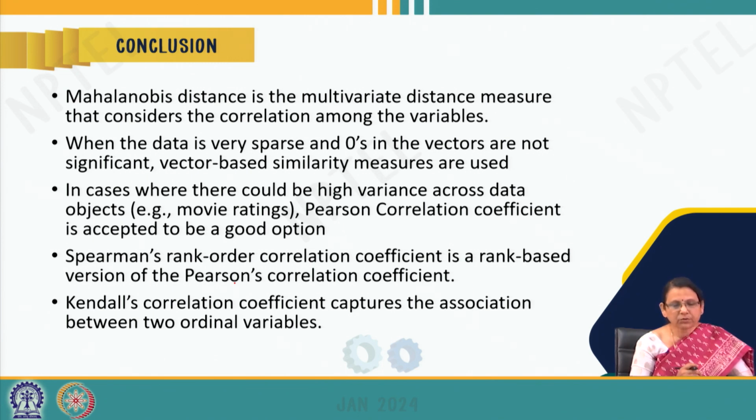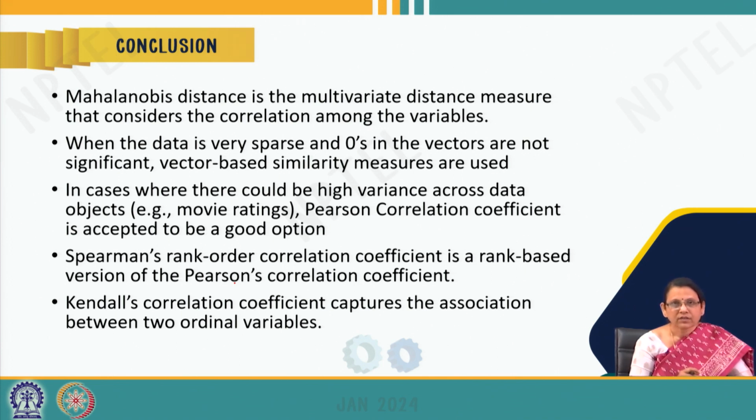Now, when the data is very sparse and there are a number of zeros in the vector, and the zeros in the vector are not significant, then vector based similarity measures are used. In case there is high variance across data objects, correlation coefficient is accepted to be a good option.